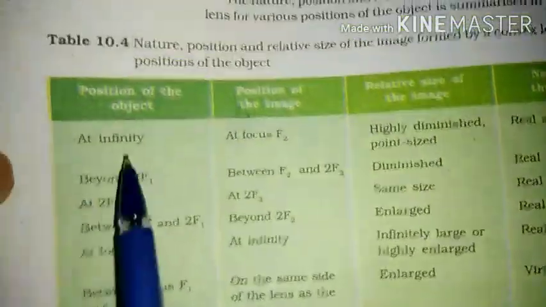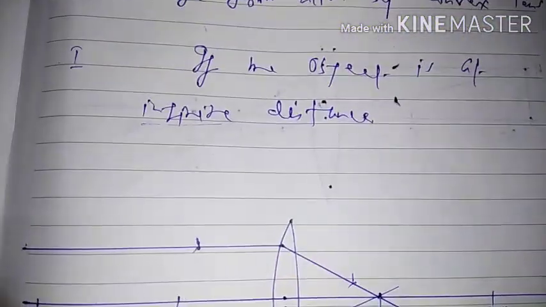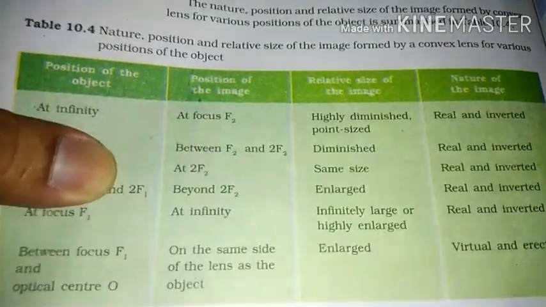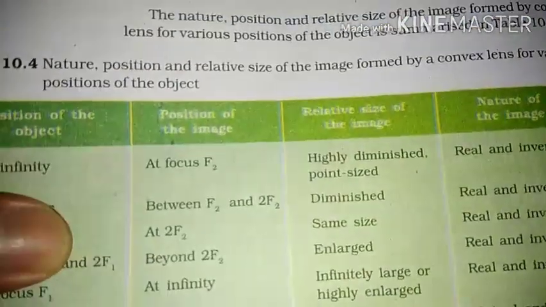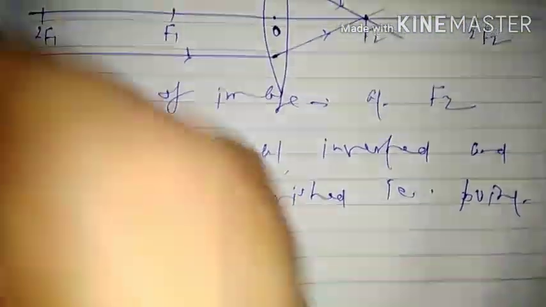See, in first case, position of the object at infinity. So we had taken object at infinite distance. What is the position of the image? At focus f2. See, image is formed at focus f2. The relative size, highly diminished point size. So see, highly diminished point size image of the object is formed.